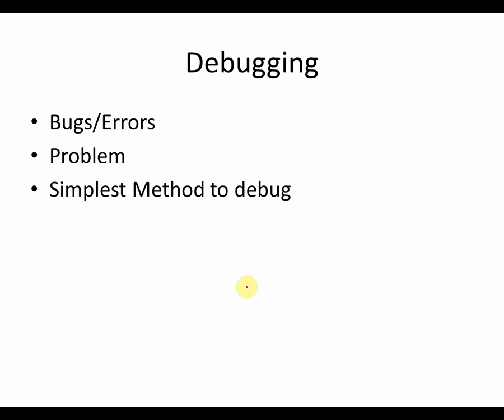One method, the simplest method, which is the third point in this slide, is by using LEDs. Like in case of C, if there are many loops or certain conditions, what we can do is put some printf statements inside the loop, just to check whether those printf statements are getting executed or not, whether the entry is going inside the loop or not.